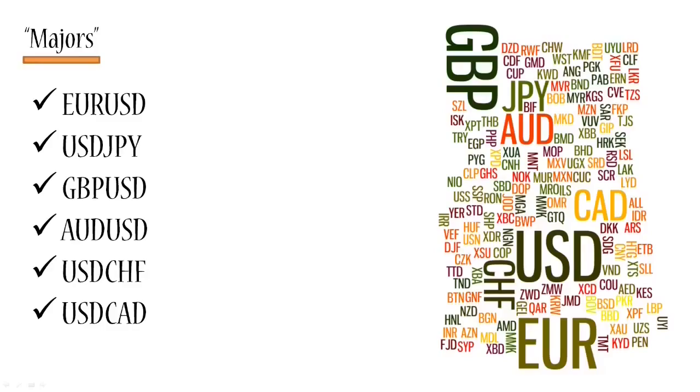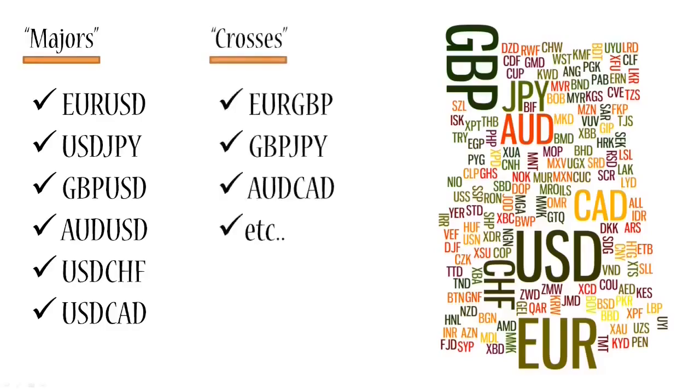And also the second group is the crosses. Crosses are, simply put, all currency pairs that do not include the American dollar, such as the euro British pound, yen, Australian dollar Canadian dollar, and so on. And of course there are also all other currency pairs.